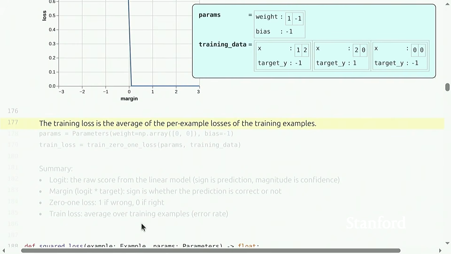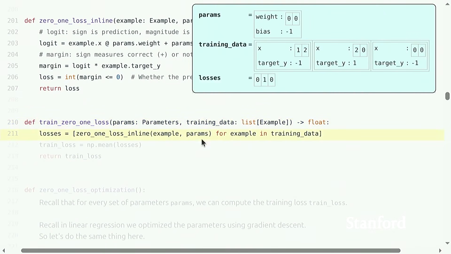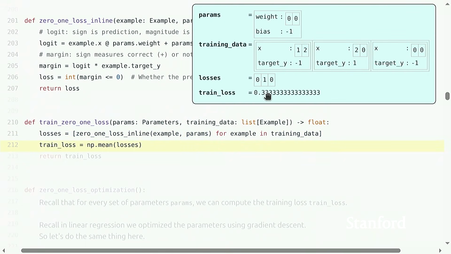Now the training loss is, again, this average over the per-example losses. If I have a set of parameters, I compute the zero-one loss, one for every training data point as before, and take the average, and that gives me the training loss.